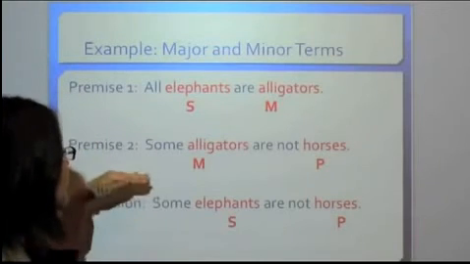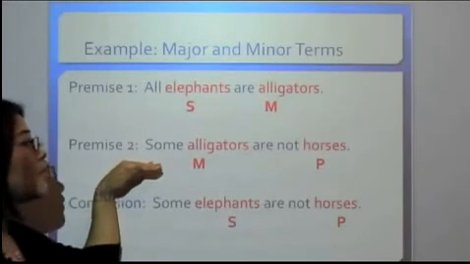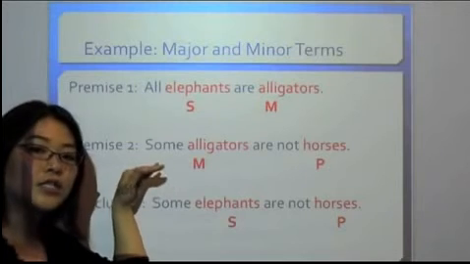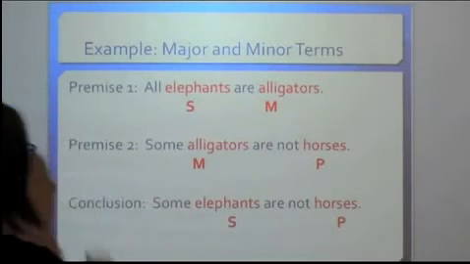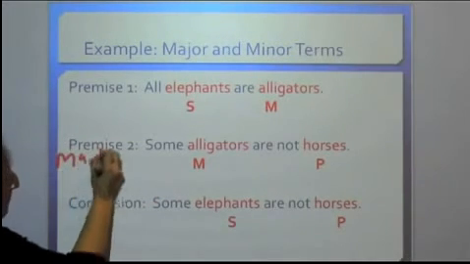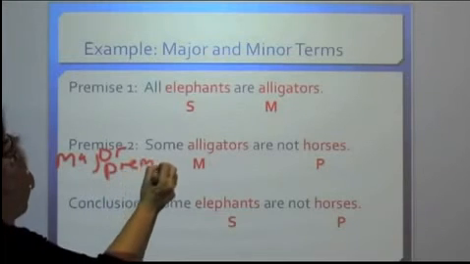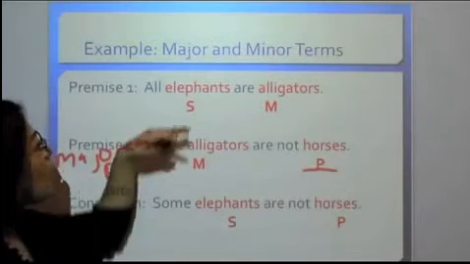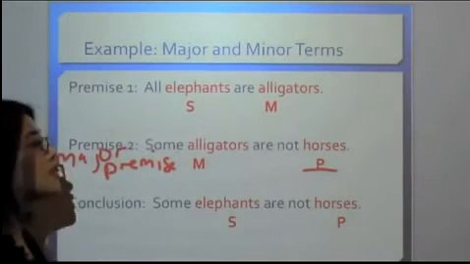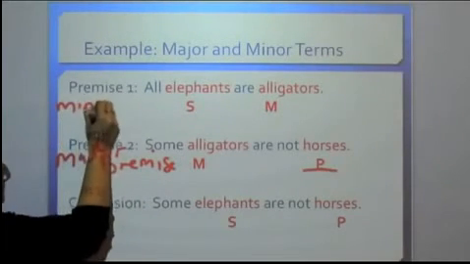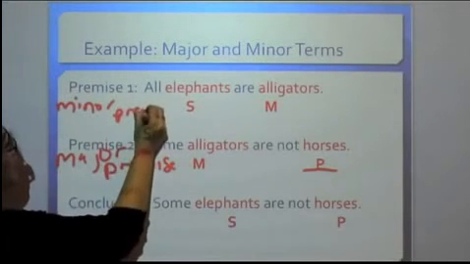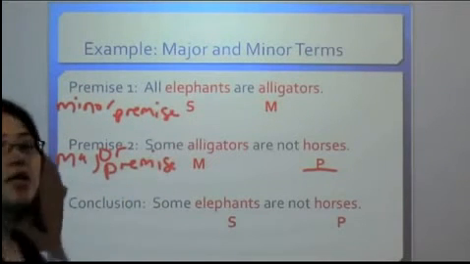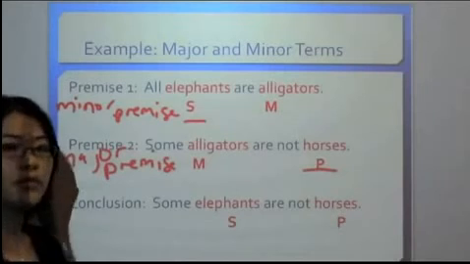So this tells us that premise 2, some alligators are not horses, is actually the major premise, because it contains the major term, and all elephants are alligators is actually the minor premise, because it contains the minor term.